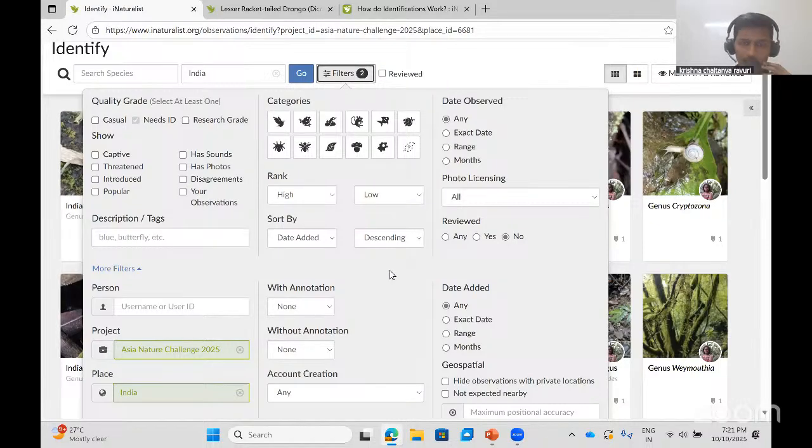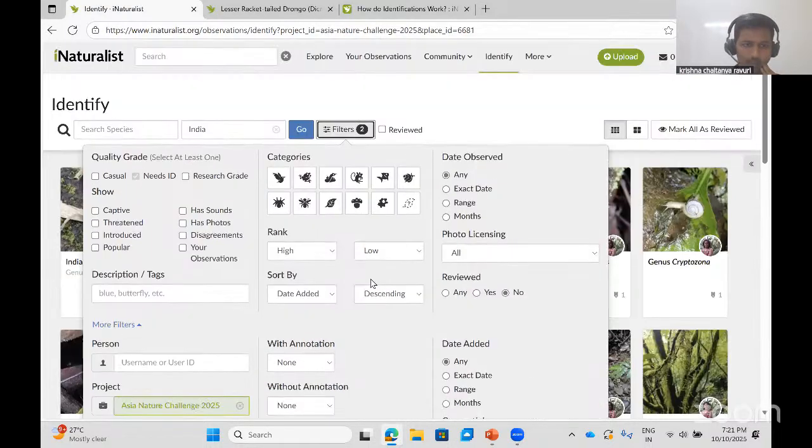But the important options are here, where we get the categories of what you want to filter for. This unknown is a very important category where, even if we have very little idea of any particular group of organisms, we can all help in this part.